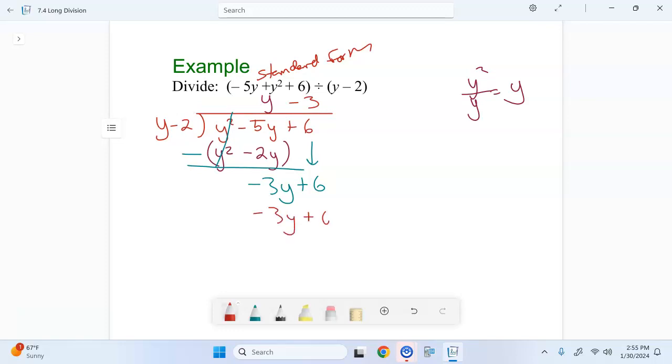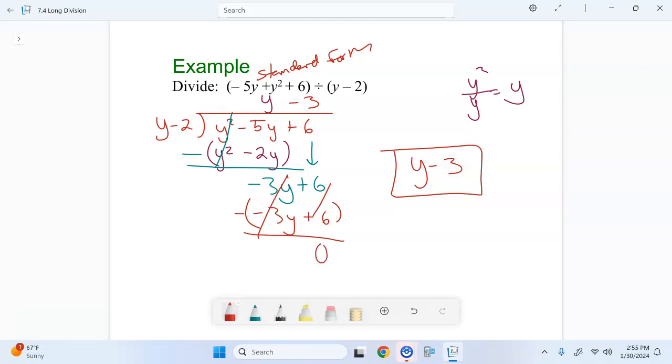Negative 3 times negative 2. Subtract. Those cancel. What's our remainder? There's no remainder, so our answer is just the quotient y minus 3. Okay, and there's a special thing when we divide and there's no remainder. We'll cover that a little bit more tomorrow. It's definitely something worth noting.